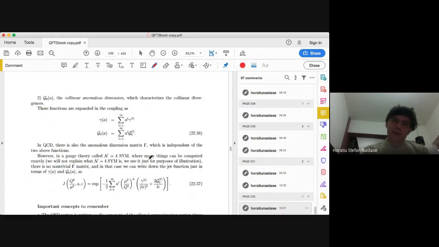All right, but in QCD, the relevant theory, I also have the anomalous dimension matrix gamma, and things are a little bit more complicated. So as I said, I just wanted to give you a flavor of how infrared divergences are in gauge theories, because this is a complicated subject.